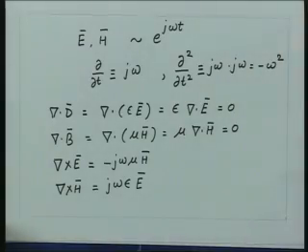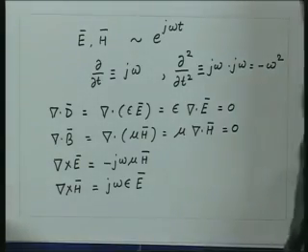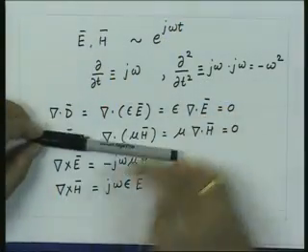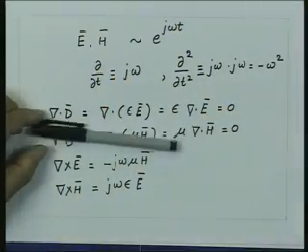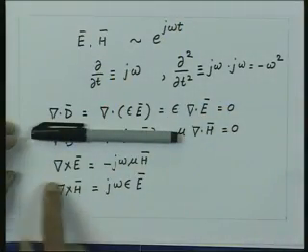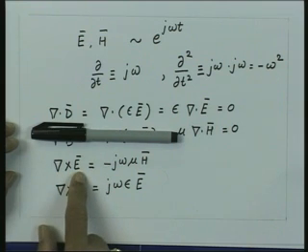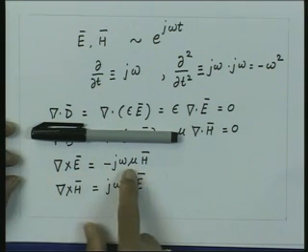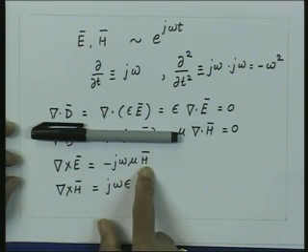So essentially now we are looking for solutions of these specialized equations for this unbound medium. Now if I look at these two equations here, the space derivative of the electric field is related to the time derivative of the magnetic field.